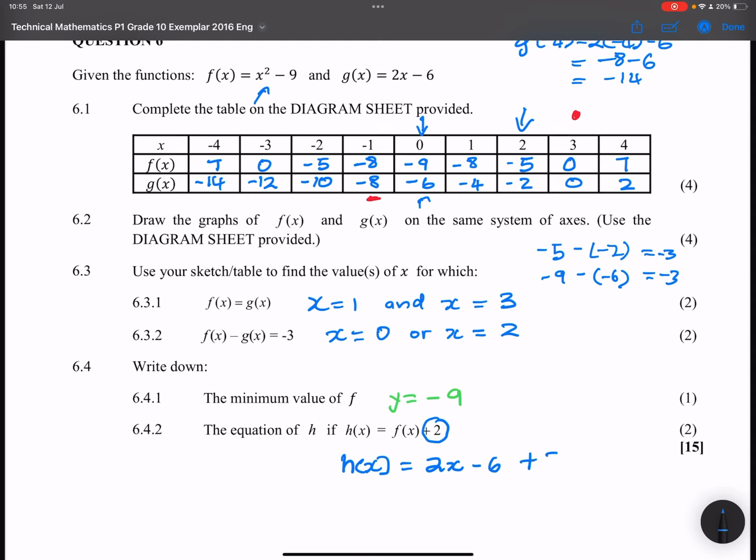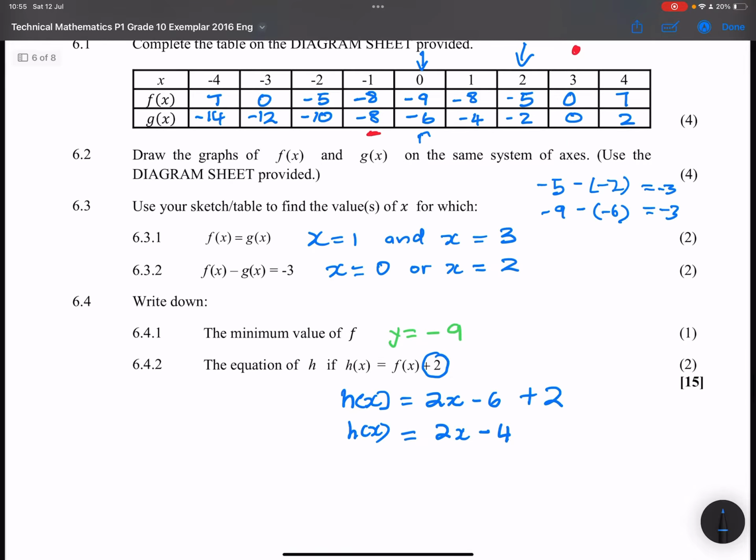We are adding 2 to it. So the equation for h of x will be 2x, negative 6 plus 2 will give us negative 4. Essentially, that is how the cookie crumbles, ladies and gents. What they've done is taken the graph and moved it 2 units upwards.